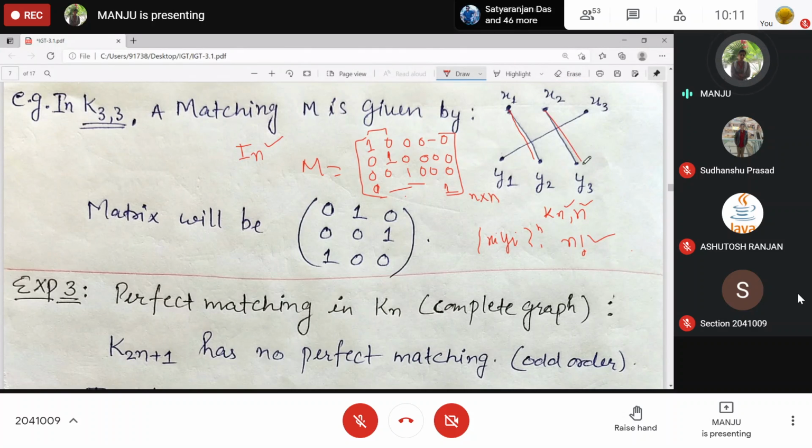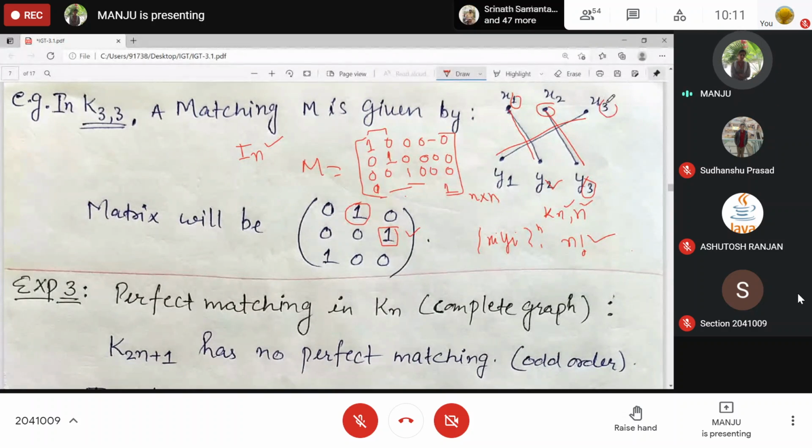Corresponding to this, the matrix will be this one. How? 1 is related with 2, so M12 will be 1, others are 0. 2 is related with 3, so M23 will be 1, others are 0.